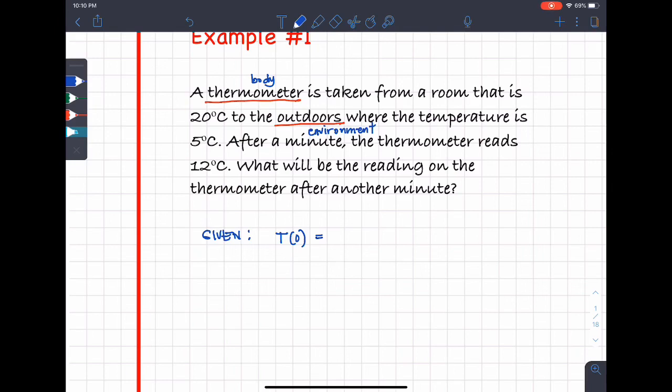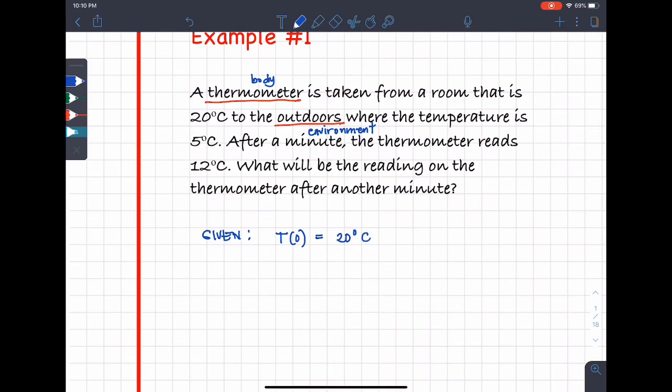However, initially it was placed in a room where its temperature is 20 degrees Celsius. Therefore, the thermometer reads the temperature of the room, which is 20 degrees Celsius. Therefore, initially, the reading on the thermometer is 20 degrees Celsius.